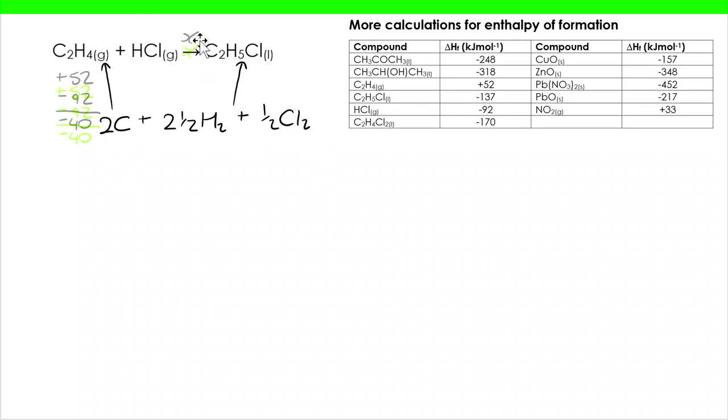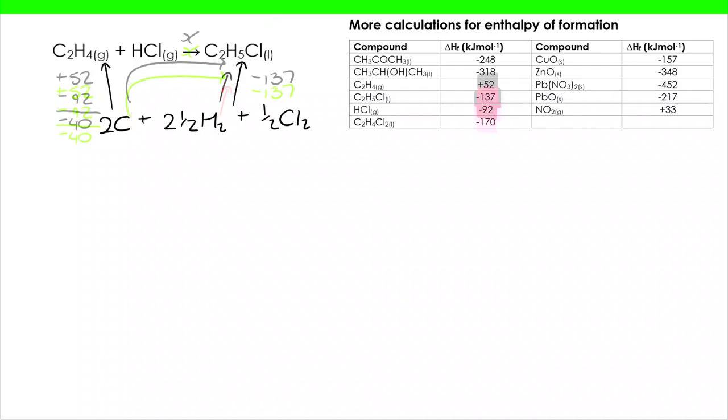Now I've got my X, this is the one I'm working out, but you can also see, because I've got 2 enthalpy of formation values on the left-hand side, it's the sum of them, so it comes to minus 40. My chloroethane, negative 137. Now, I have clearly got 2 routes again. And as always with enthalpy of formation data provided, they're starting at the bottom and they're ending at the top right.